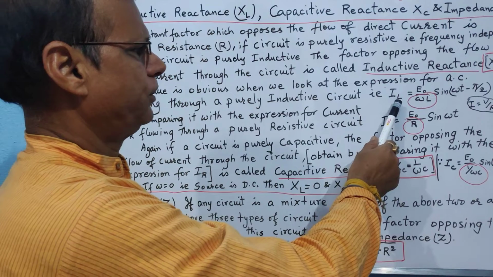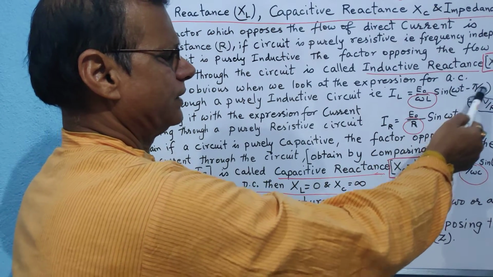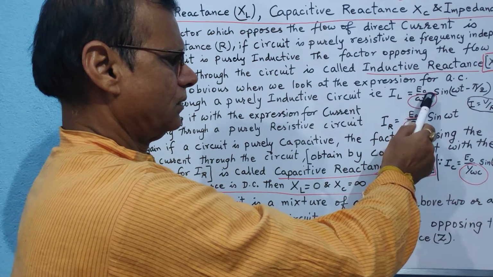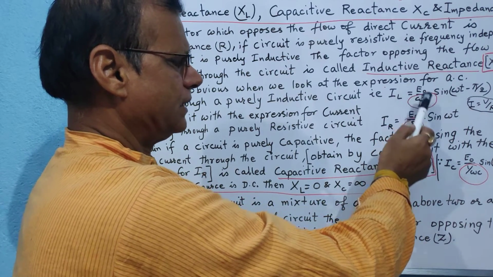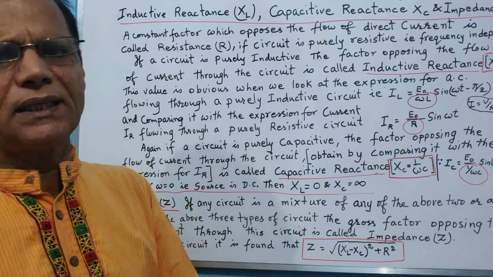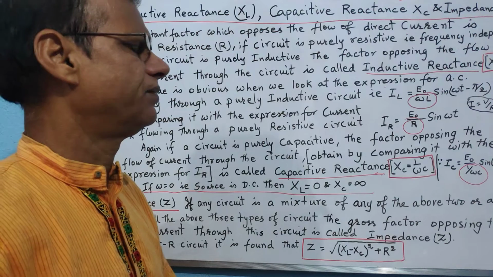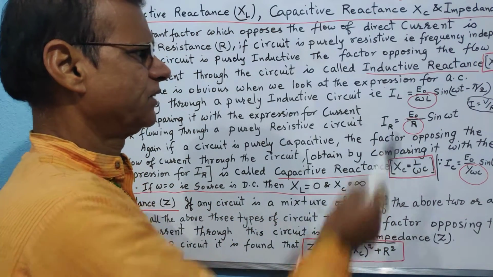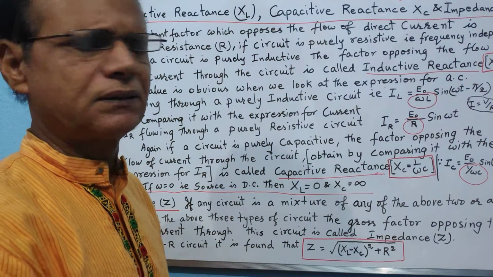In the case of a purely inductive circuit, the sine function is representing the phase. Now the potential factor is E0 sin omega t, divided by some factor. This factor in the denominator is representing the opposition to the flow of current, because the higher the value of omega L, the smaller the value of IL, the inductive current.